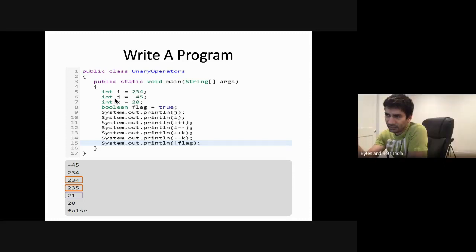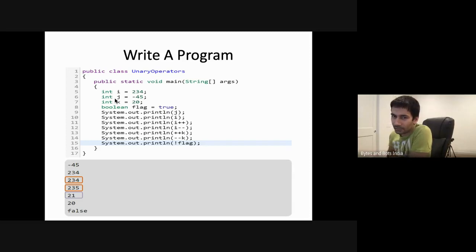It is a prefix, and at line 11, we did I++, and it still printed the same value of I, which is 234. But in line 13, we did a plus plus k. So instead of printing 20, which is the value of k, it printed 21. So it shows that what it did is it first incremented k and then printed it. So it evaluated the expression after incrementing, whereas line 11 evaluated the expression before incrementing.